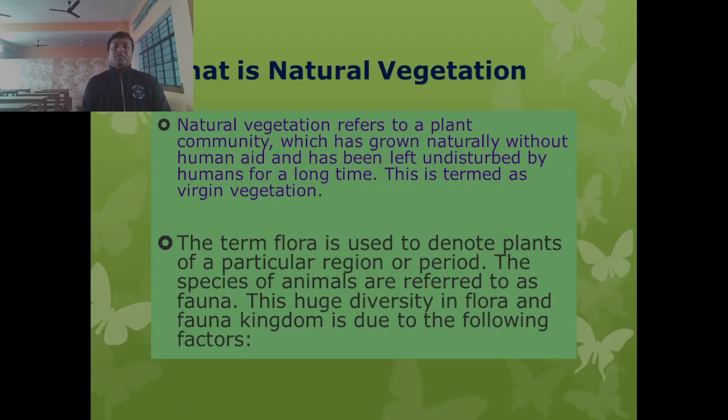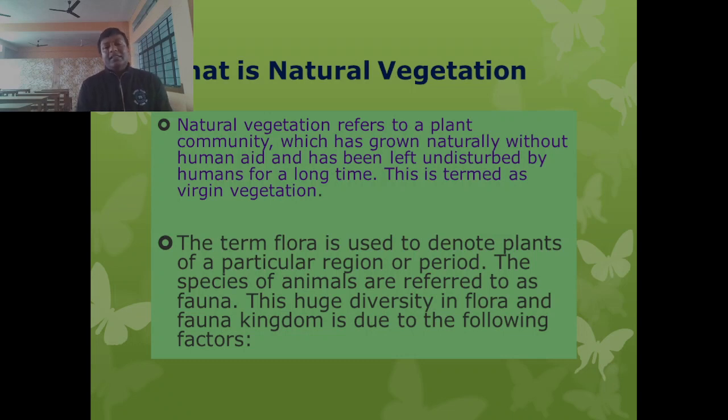So dear students, India is our mini world. Due to this, we have different sets of climatic conditions, different sets of seasons, and due to this, we have different sets of flora, different sets of trees.